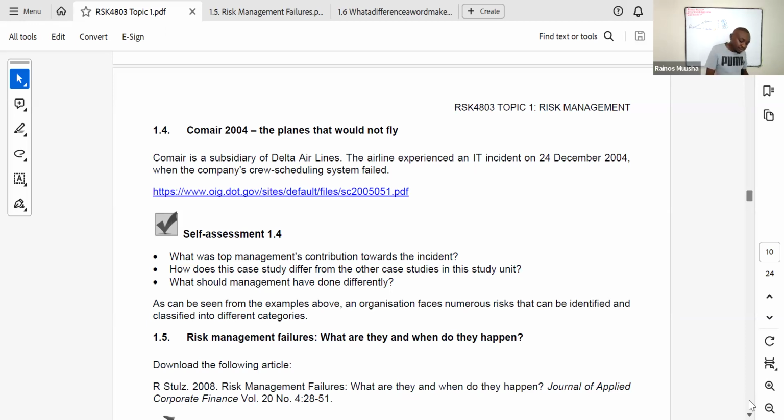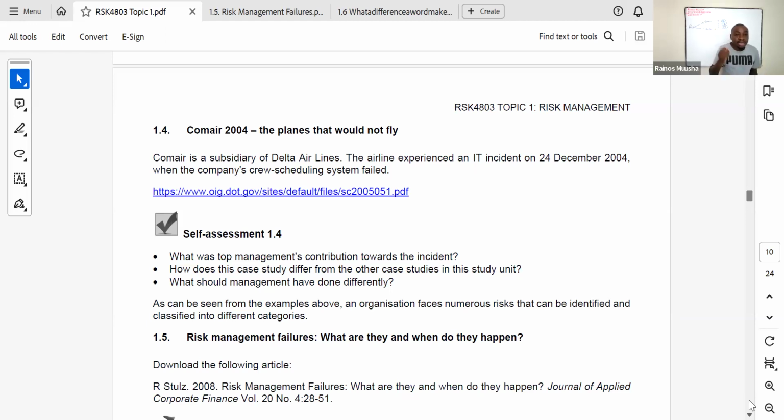So starting at 1.1, 1.2, 1.3, 1.4, please go over them. Don't go through them in detail, like trying to understand them intricately. Go over them and have a rough understanding of exactly those particular case studies as well.